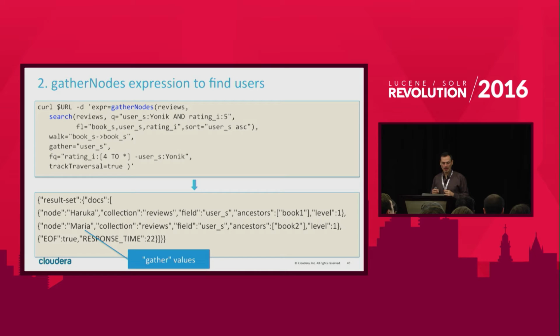And so you see we actually get back the correct values of Haruka and Maria. And you see that basically what we gathered, the user field values, became the values for the node field. So those are essentially now the nodes that we're on.